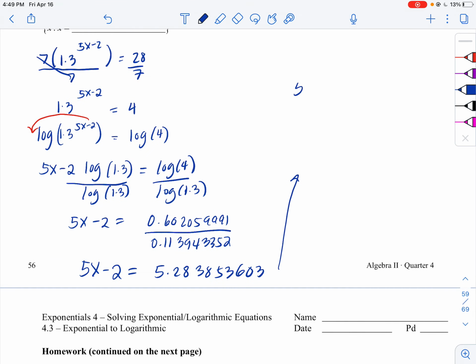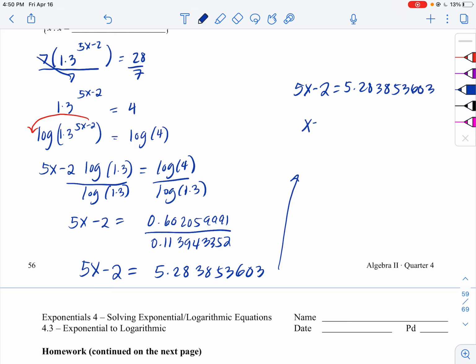Okay, what are you going to do now? I'm not going to write it, because in my calculator, take a look, I am going to just have 5.283853603 right now, right? And I know that I'm going to add 2. So right away, I'm going to add 2 to this answer. And then after I get that, I'm going to divide that by 5.